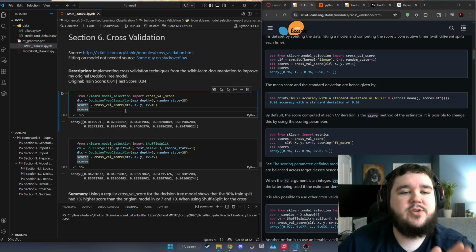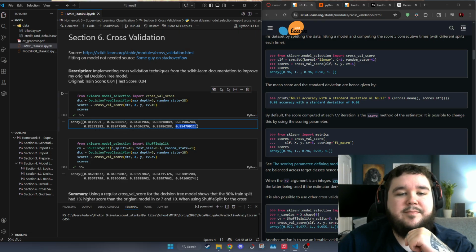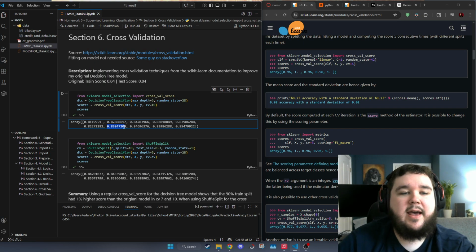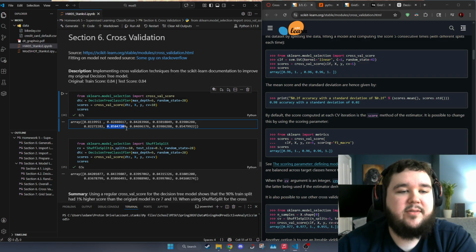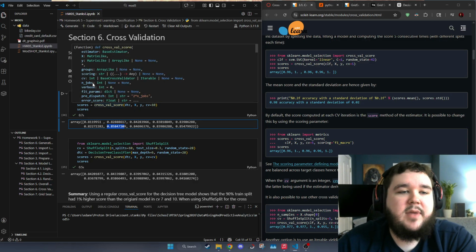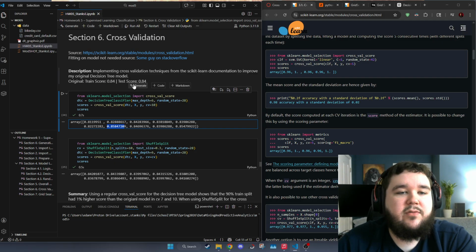So I did this first one. It had the cross-fold 10 and cross-fold 7 had a 1% increase in accuracy. Right here I have the original 84.